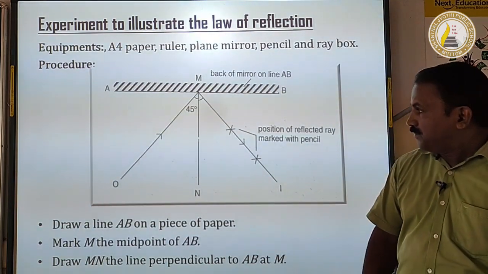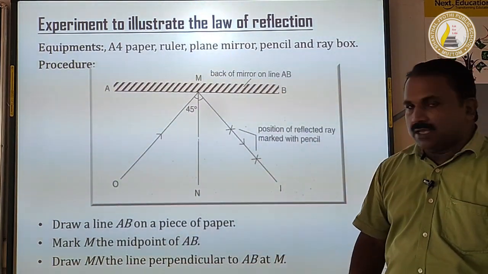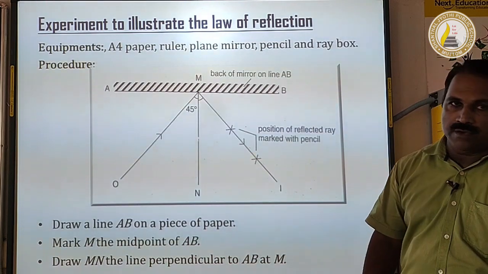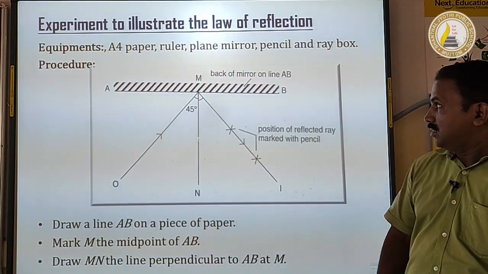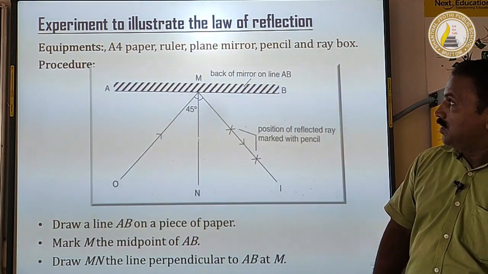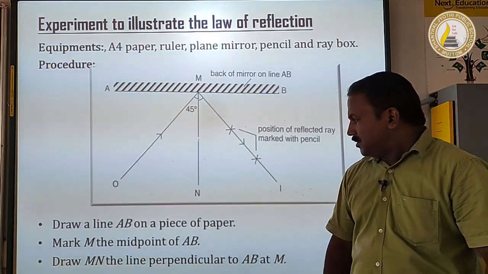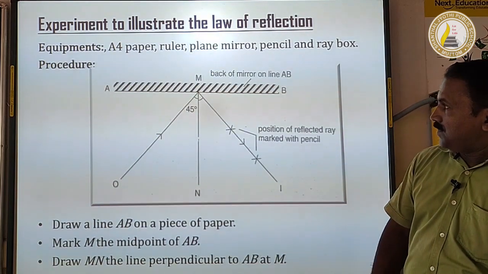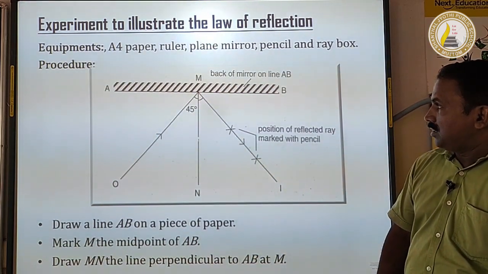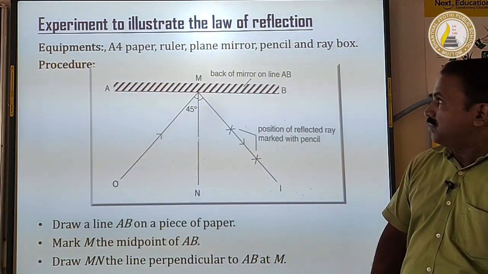Then here we can easily understand how to draw the reflection of light, with an experiment to illustrate the law of reflection. Here we have to take one A4 size sheet of paper.